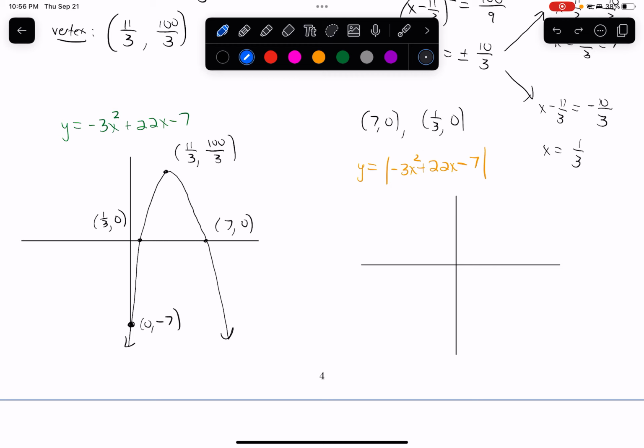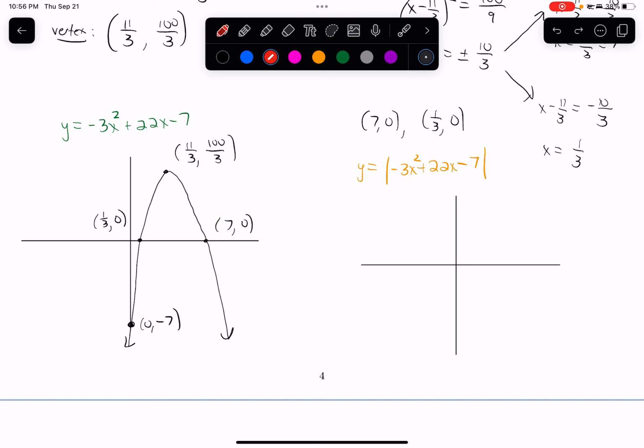But if the whole thing was positive, it would just keep it as it is. So for the parts of the graph where the y values are positive, they just stay as they are. Absolute value doesn't change them. But if there's a part of the graph where the y values are negative, the y values turn positive, and that will flip that part of the graph up.